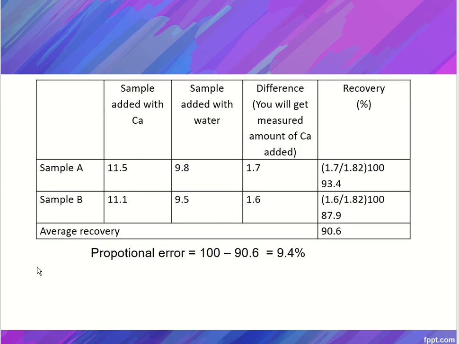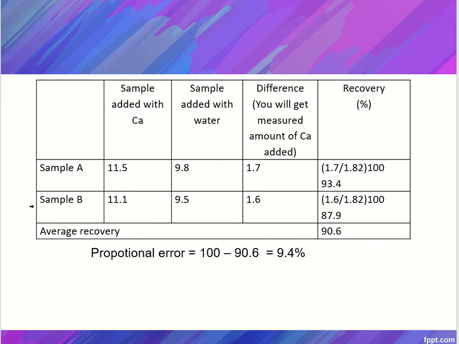So this is an example of the data obtained after the experiment. You use sample A. This is what you get after you measure. First, this is the result of sample A after you add calcium. This is the result of sample A after you add water. And then you calculate the difference.